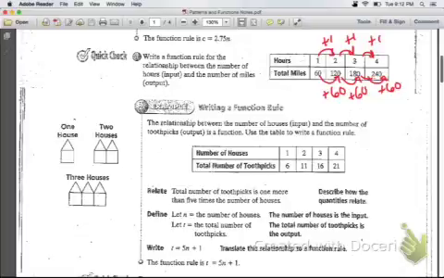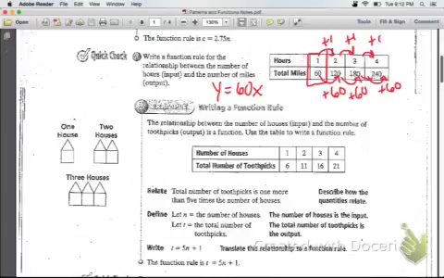We have x equal to 1 and y equal to 60. y is equal to 60x. So that looks like that proportional relationship, that constant of proportionality. And we talked about writing those rules from tables. So this is very much like what we did before.